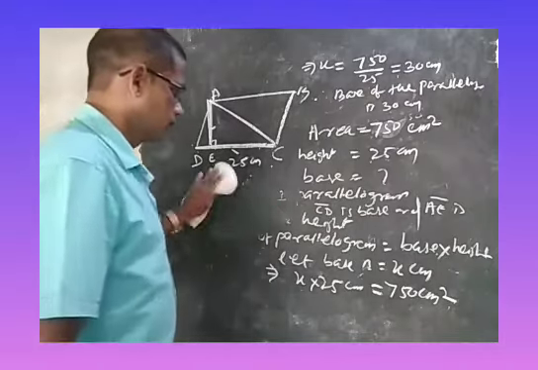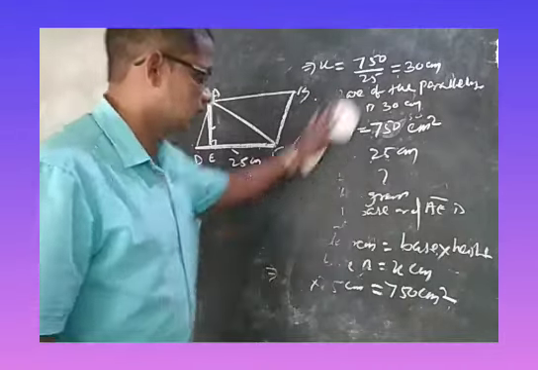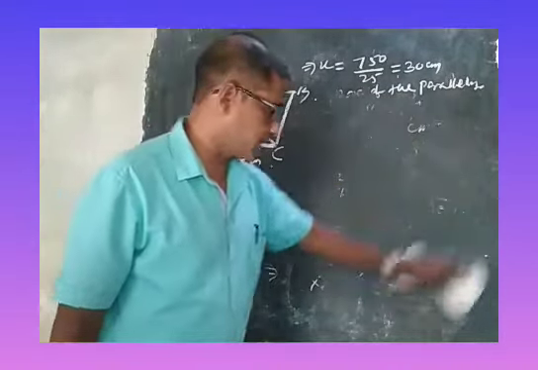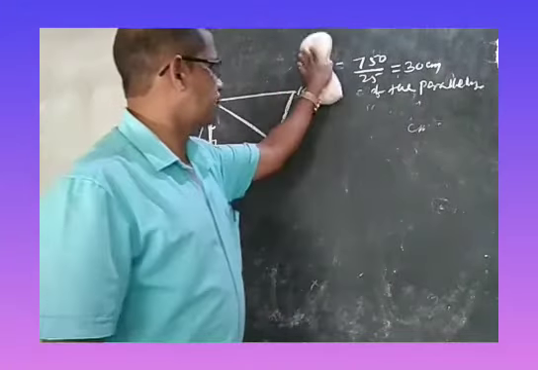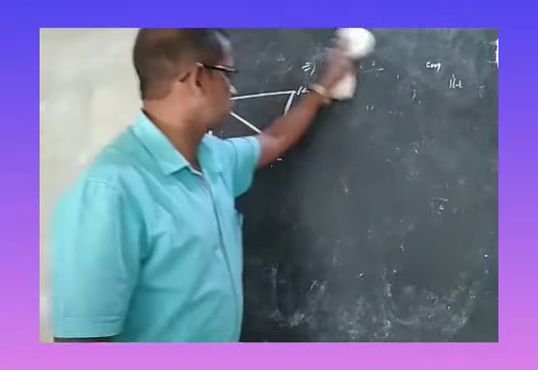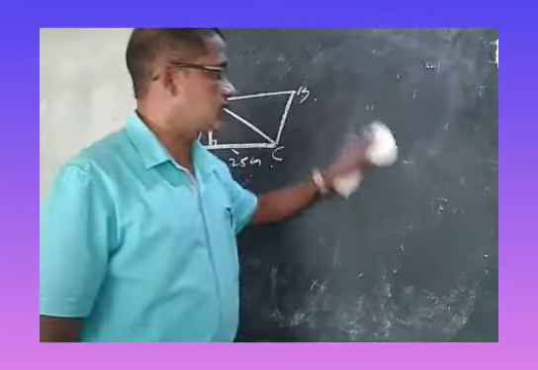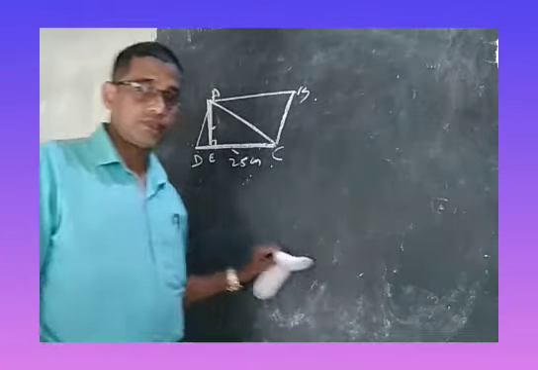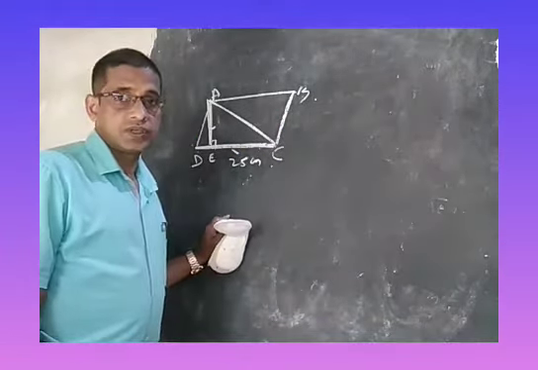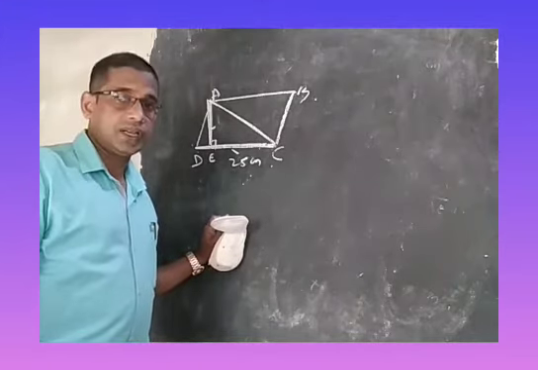If in the question the ratio of base and height is given, and area is also given, then the question asks to find out the base and height of a parallelogram.